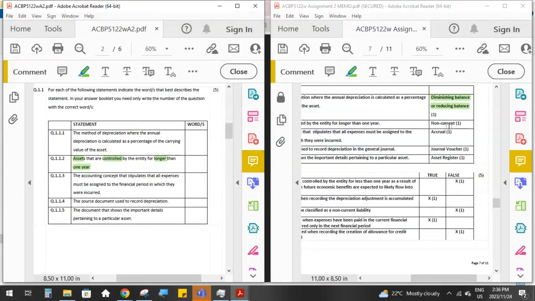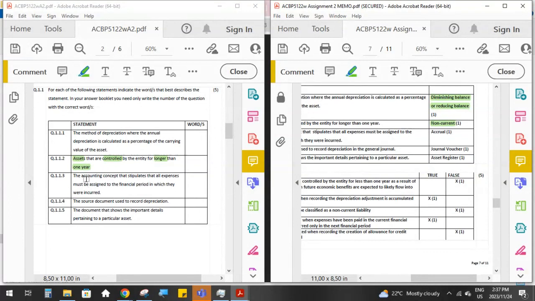That will be a non-current asset, because as soon as we are going to have access or have the use of that asset for longer than 12 months, then it's a non-current asset. Any assets that we are going to consume or use up in our business within the current 12-month financial period, or the forthcoming 12 months, then that will be a current asset.